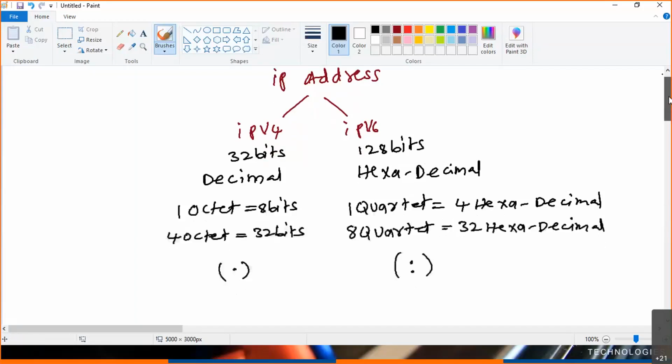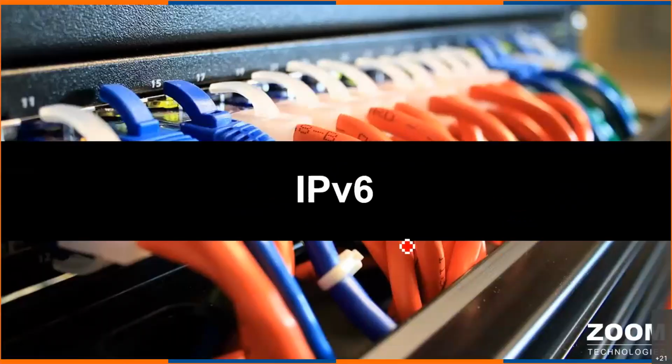We know IPv4 very well, for example 192.168.1.2.